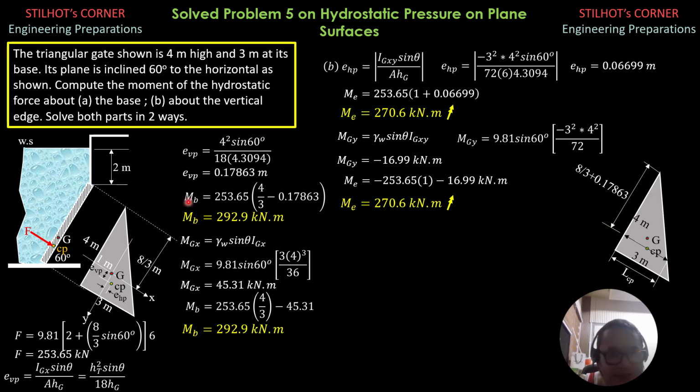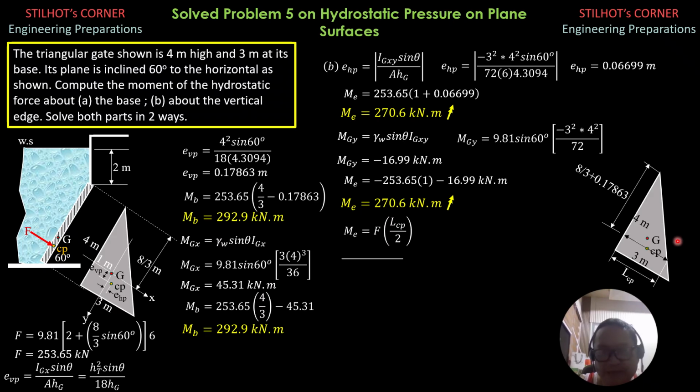By similar triangles, L sub Cp is to 8/3 plus 0.17863 as 3 is to 4. So the moment about this vertical edge is F times half of that length, L sub Cp over 2.